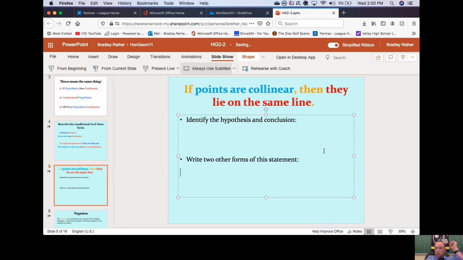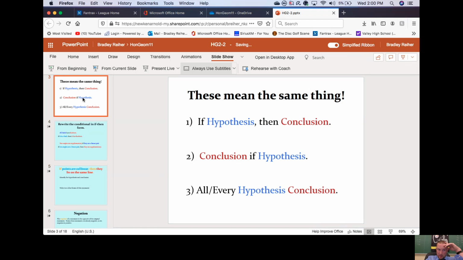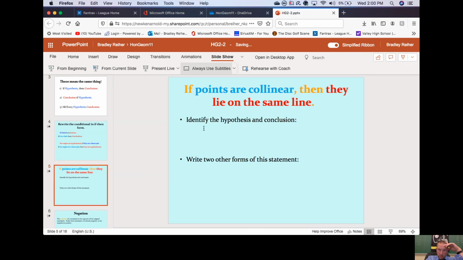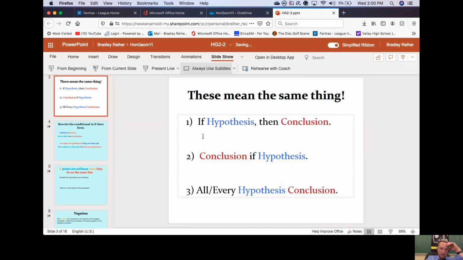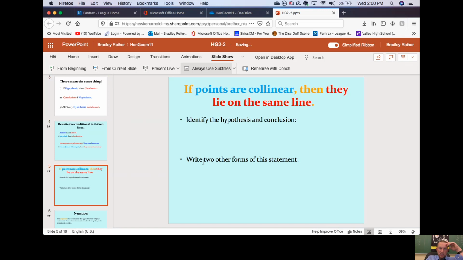Okay, now they want you to write two other forms of this statement. So looking back at your template is a good idea. This is stated just like the first statement in the template, if blue, then red. Let's change it to the second form. We're going to say the red first. They lie on the same line. When we say they, what do we mean? Points lie on the same line.